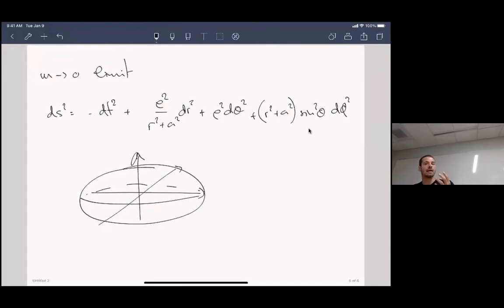So it's not surprising that these coordinates are good for Kerr, at least for the exterior, because they're already based on the presence of an axial symmetry. Spherical coordinates have too much symmetry, in particular, a symmetry that doesn't exist in Kerr. So what's going on here is that we're using, allow me the analogy, the right thermometer to measure the solution. We're using something that already captures this axial notion. The larger the a, the fatter the ellipse.